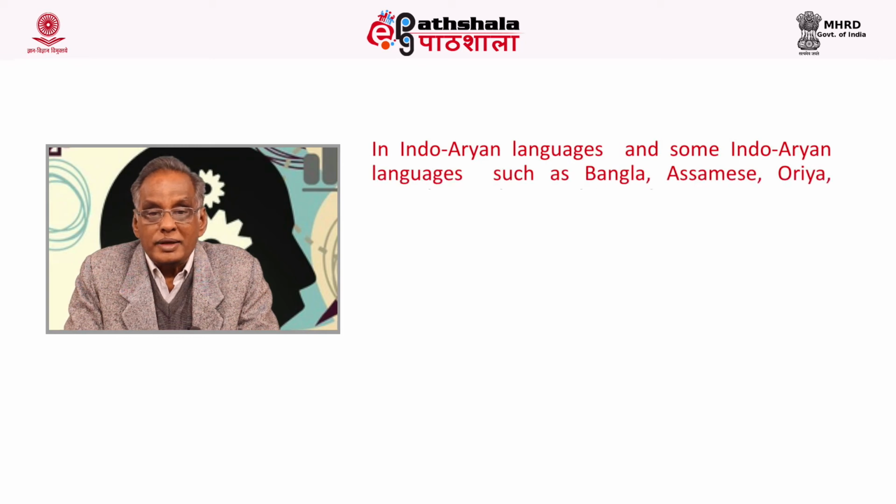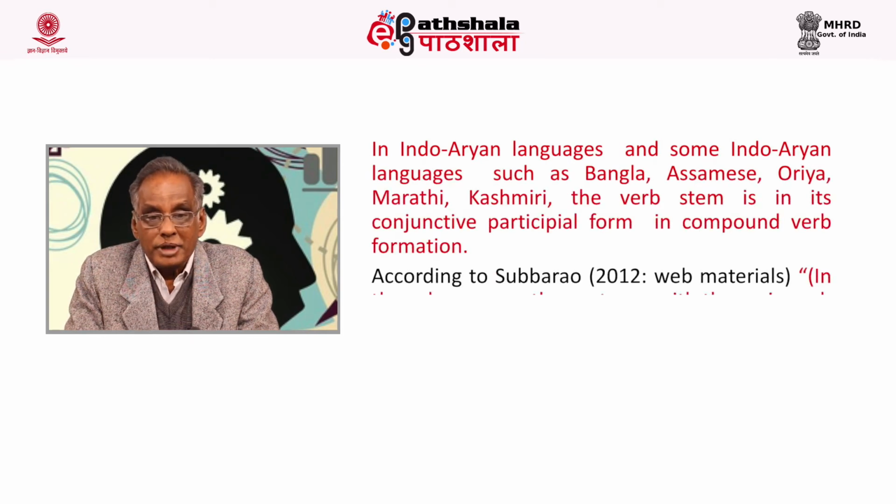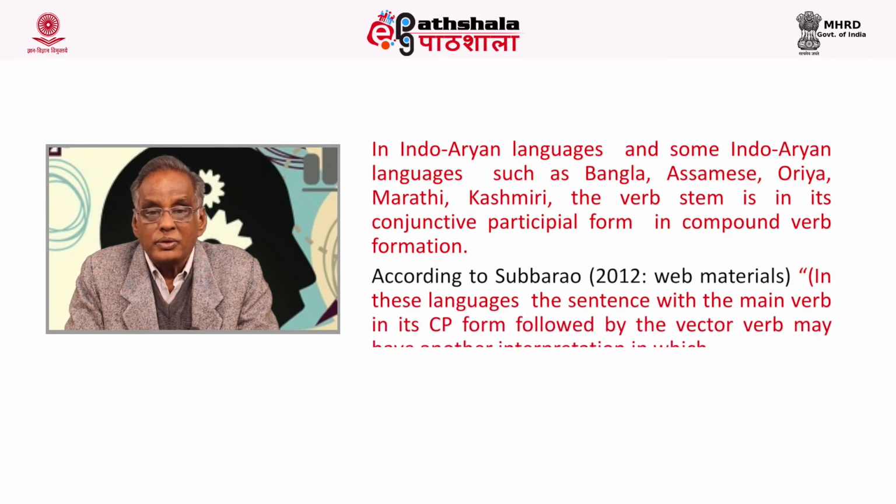In some Indo Aryan languages such as Bangla, Assamese, Odia, Marathi, Kashmiri, and Konkani, the verb stem is in the conjunctive participle form in the formation of a compound verb. Recall that in Hindi, Punjabi, the verb stem is always in the stem form. Here you have the verb stem in its conjunctive participle form.